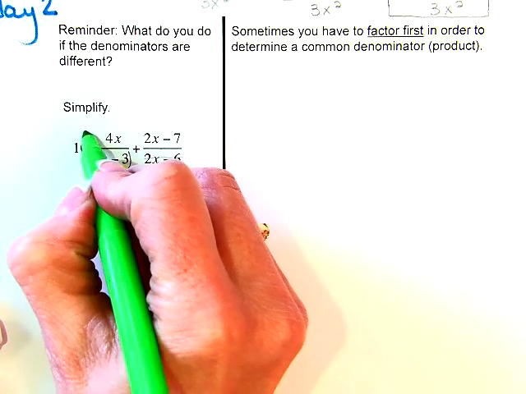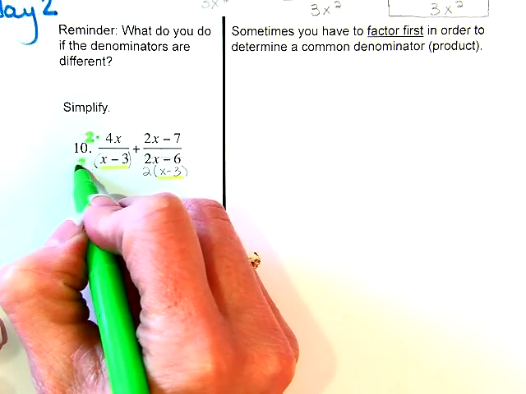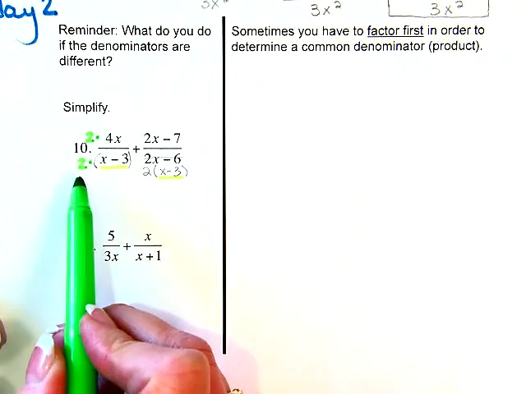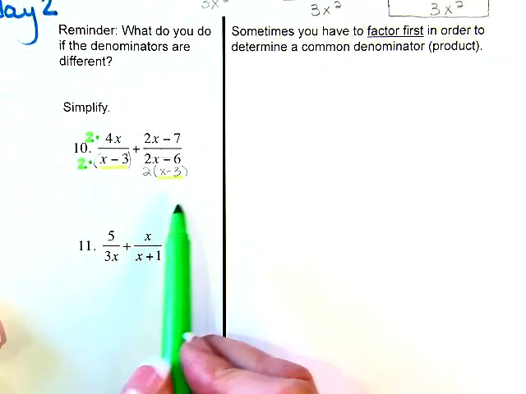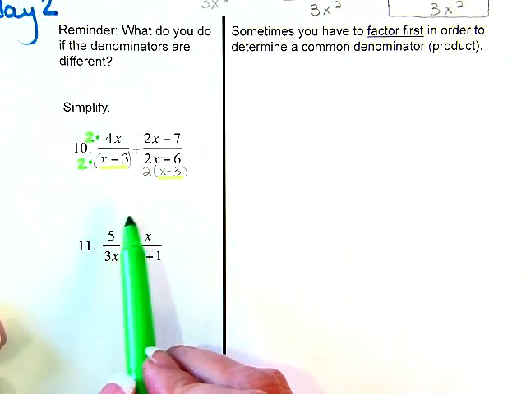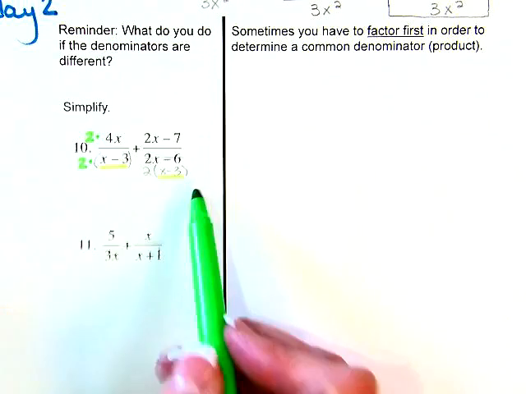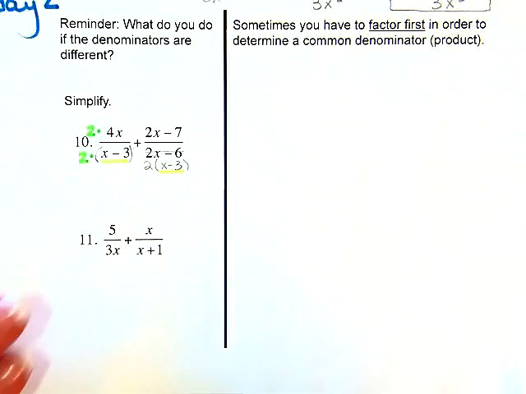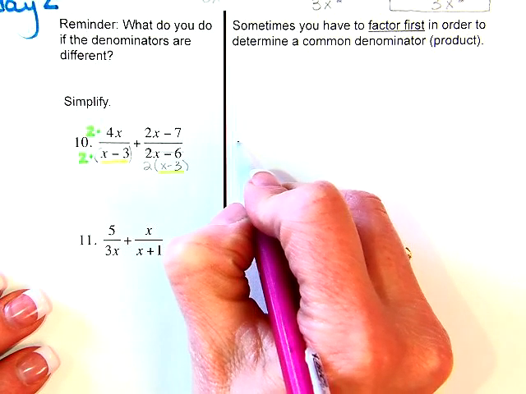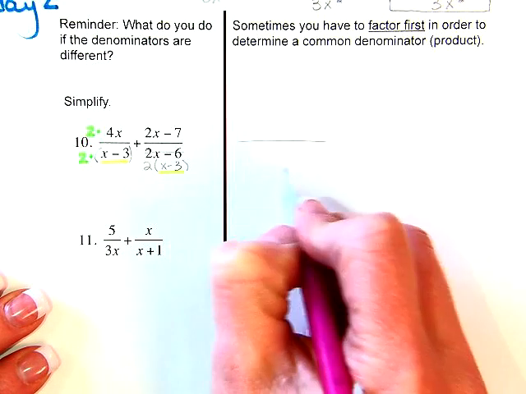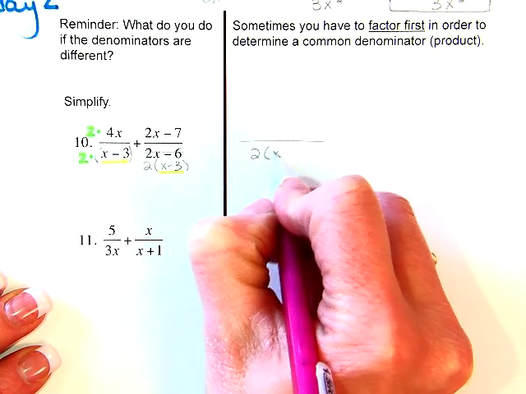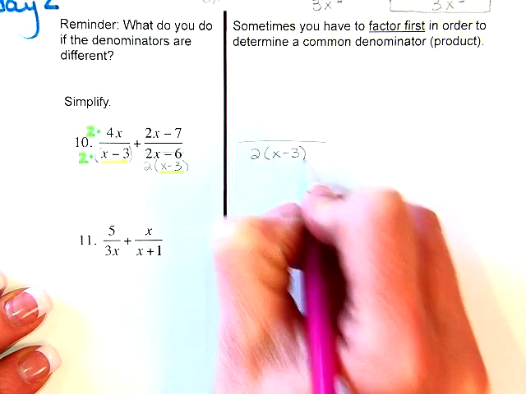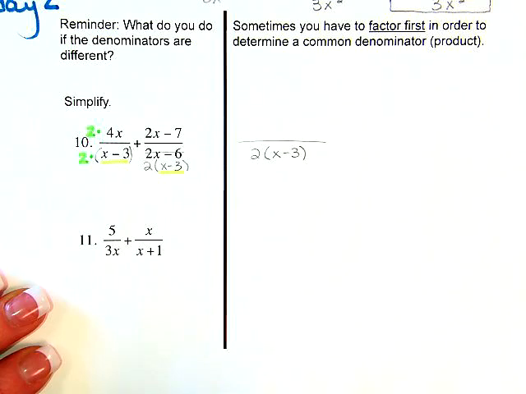If I put a 2 here and a 2 here, now the denominators match. So the least common denominator is 2 times the quantity x minus 3. Which means when we finally simplify our fraction, the denominator is 2 times this quantity x minus 3.